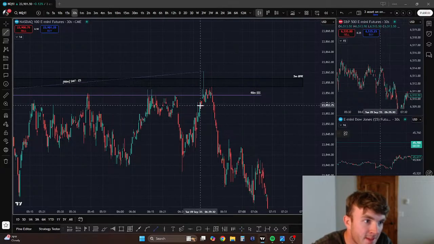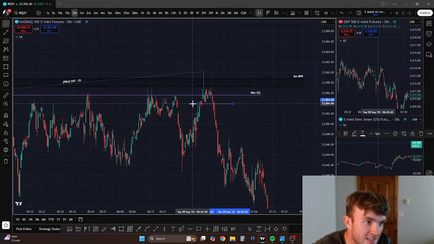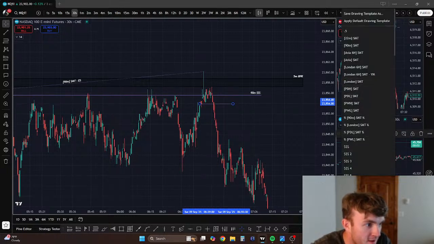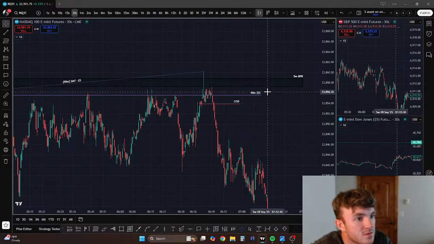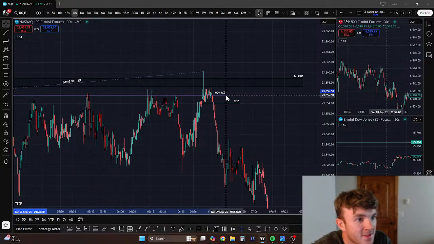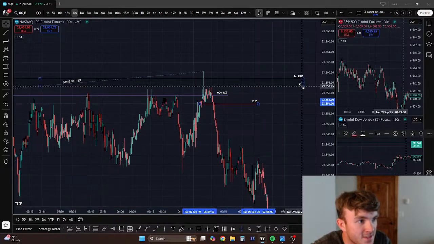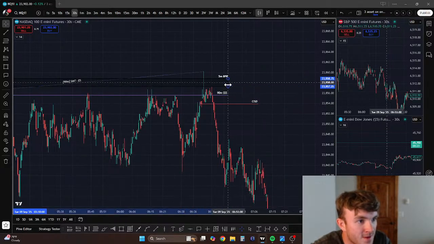I would probably say this is a good 30-second change in state. So change in state right there. Yeah, that's pretty good. So 30-second change in state off the 5-minute BPR.